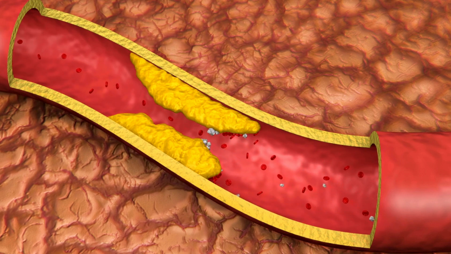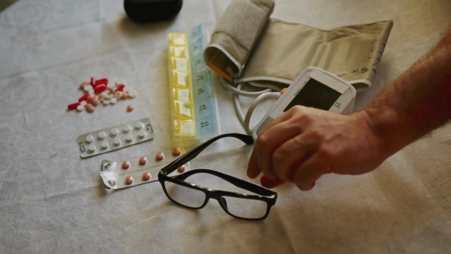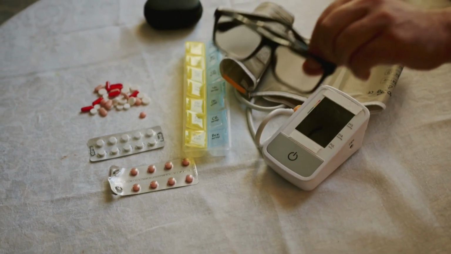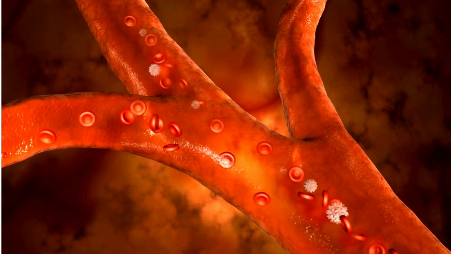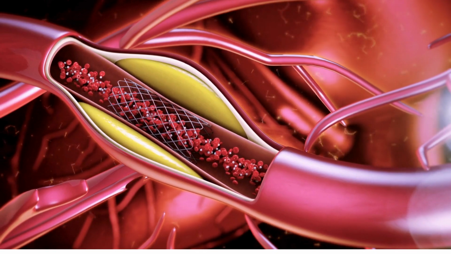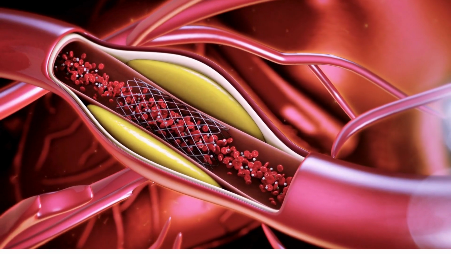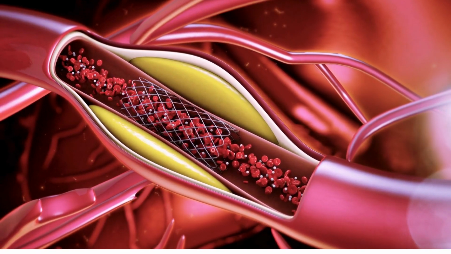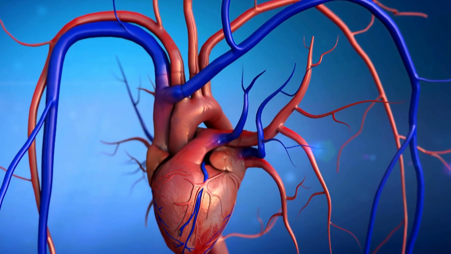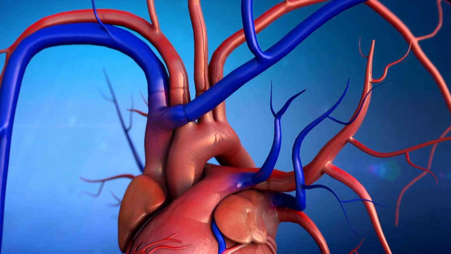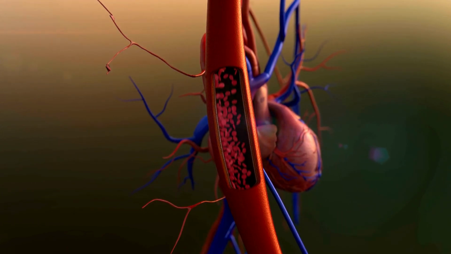World Health Organization classified hypertension into different stages according to the levels of blood pressure. Normal blood pressure includes systolic blood pressure 120 and diastolic blood pressure 80. The next stage is elevated blood pressure, which is systolic blood pressure between 120 to 129 and diastolic blood pressure less than 80.